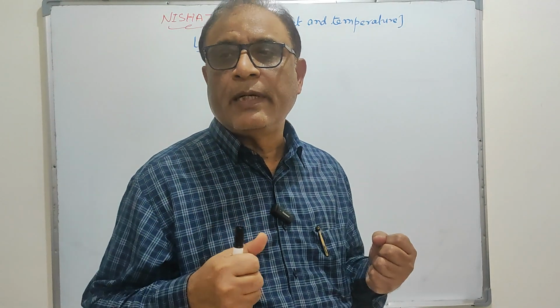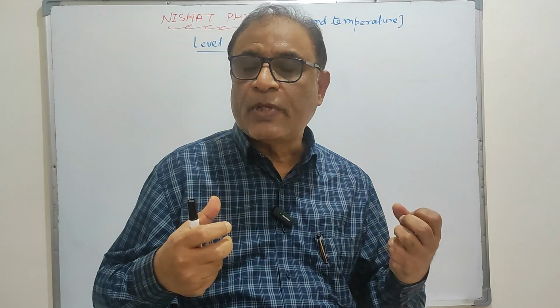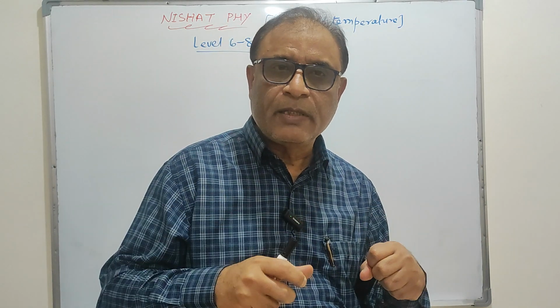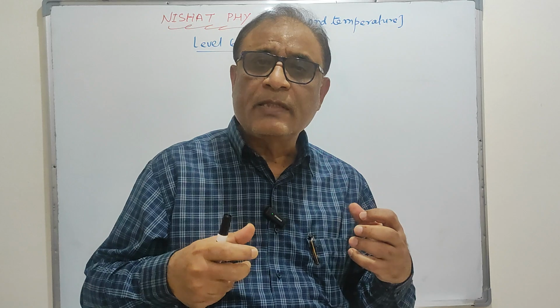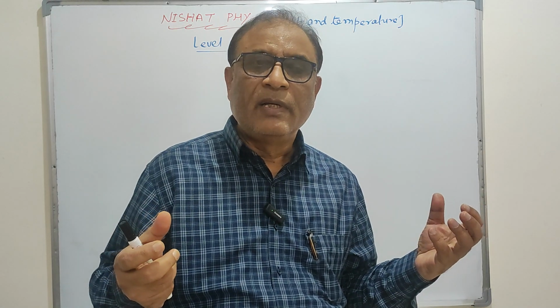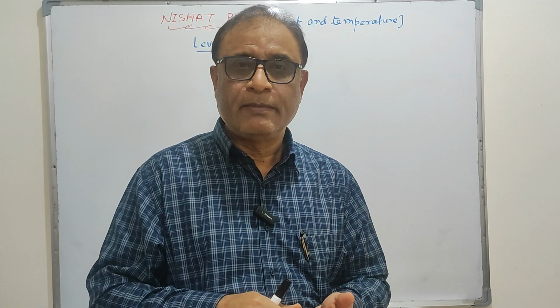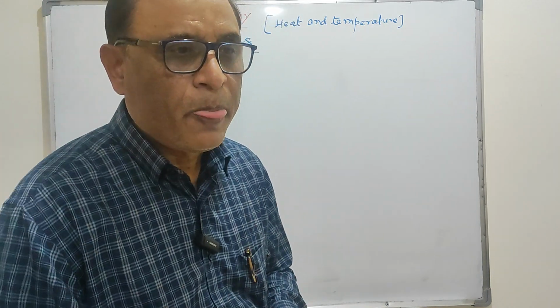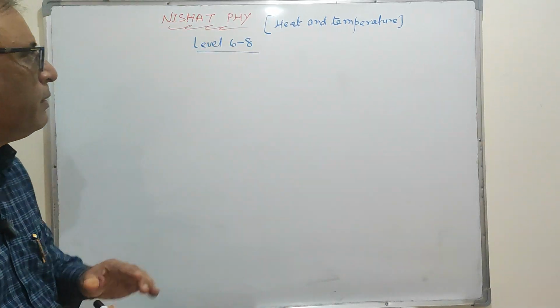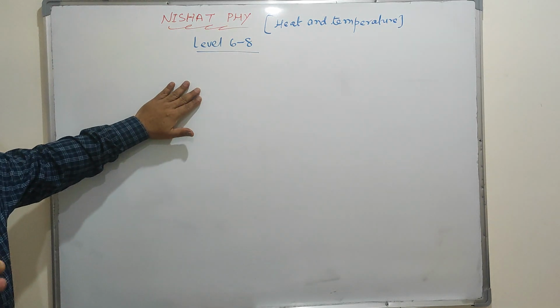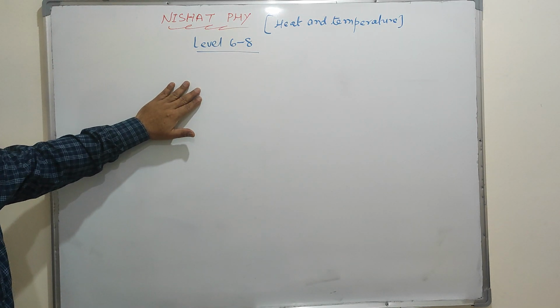Here you want to learn the various types of thermometers and their relation, and what a Kelvin thermometer is and how it is different from all other thermometers. See this, students. Mainly we know two thermometers.